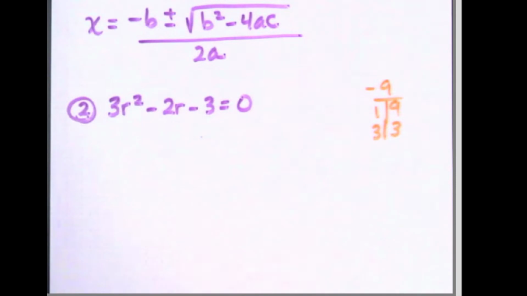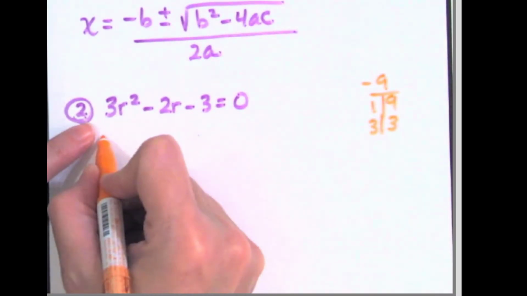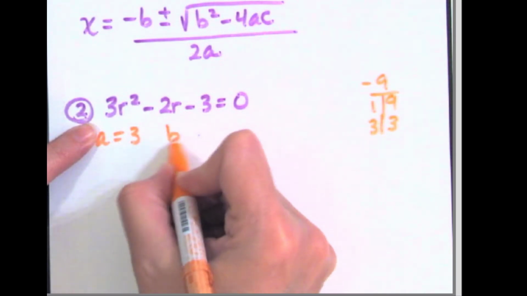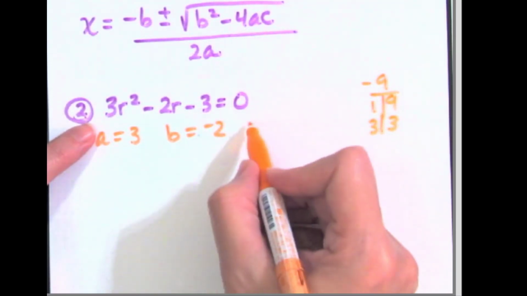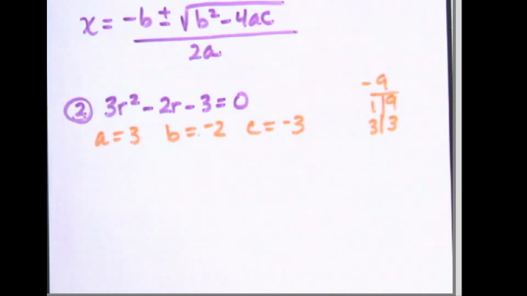So now that we have convinced ourselves this is what we should be doing, let's think about our a, b, and our c. Our a is going to be 3, b is negative 2, and c is negative 3. And now we will plug that into our formula.